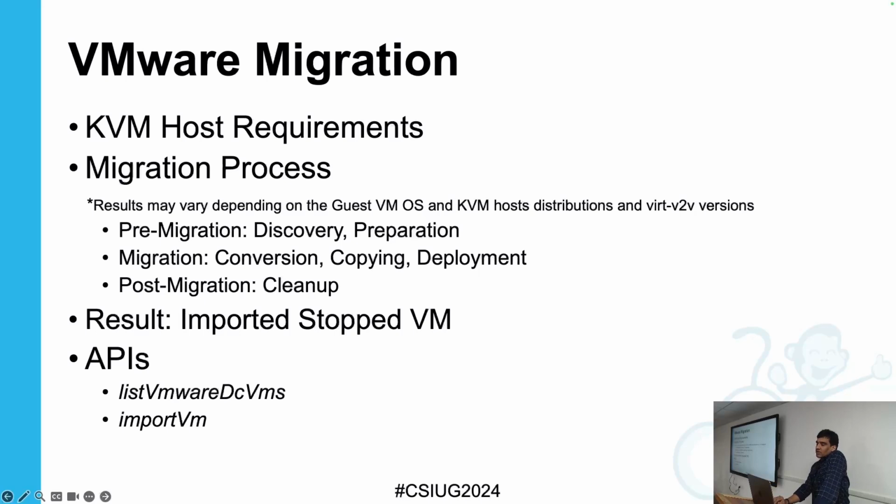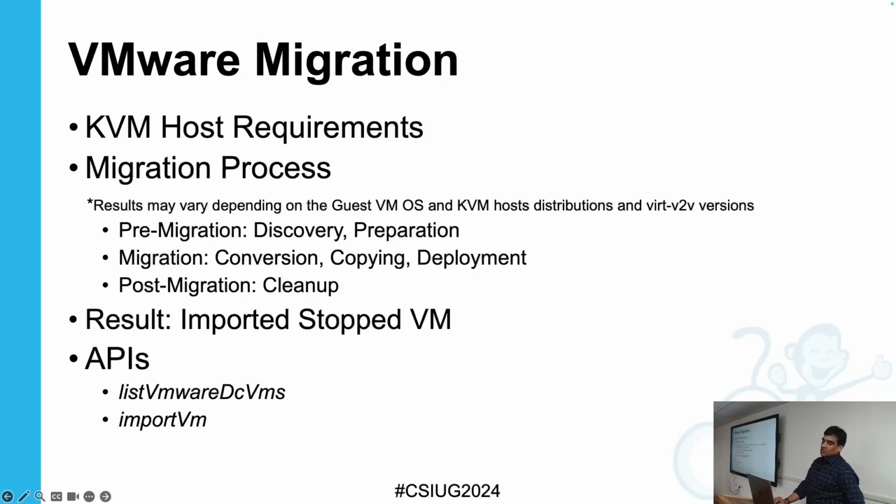Then post migration, the clone that was created before the migration will be deleted from the VMware vCenter, and the result of the import will be a stopped VM, and then you have to start the VM, so that it will pick one of the KVM hosts and be deployed there.